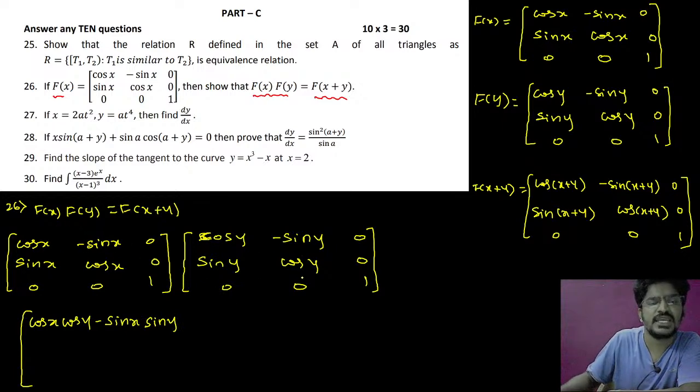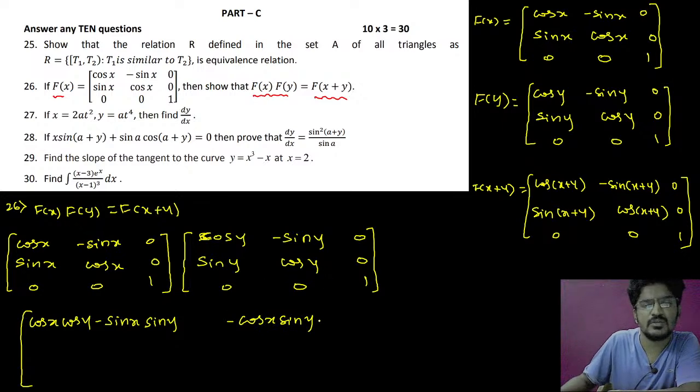Next, cos x into minus sin y is minus cos x into sin y, minus sin x into cos y is minus sin x into cos y, and third term is 0 into 0 is 0. Okay, next, cos x into 0 is 0, minus sin x into 0 is 0, 0 into 1 is 0. Okay, no problem.